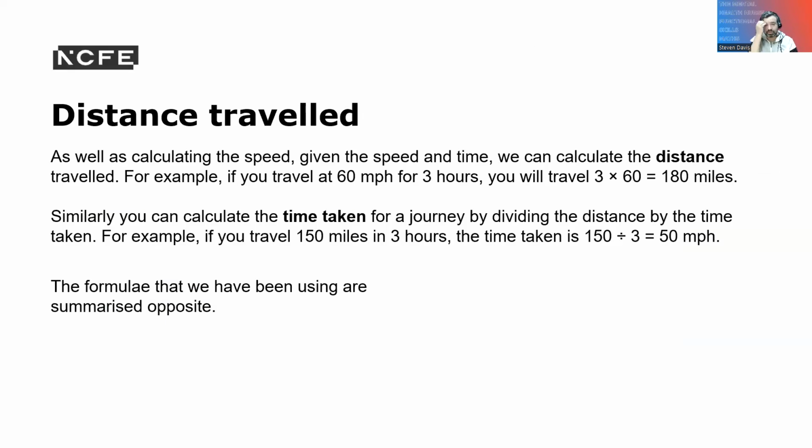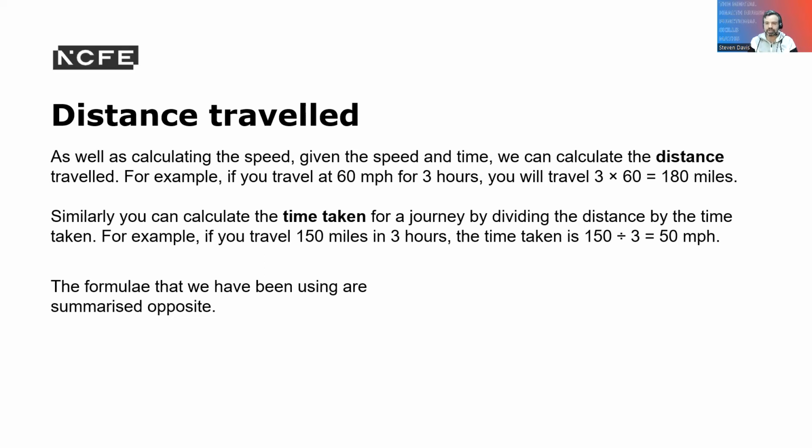So distance traveled then, as well as calculating the speed, given the speed and the time, we can calculate the distance traveled. For example, if you travel 60 miles per hour for 3 hours, you will travel 3 times 60 equals 180 miles. Similarly, you can calculate the time taken for a journey by dividing the distance by the speed.